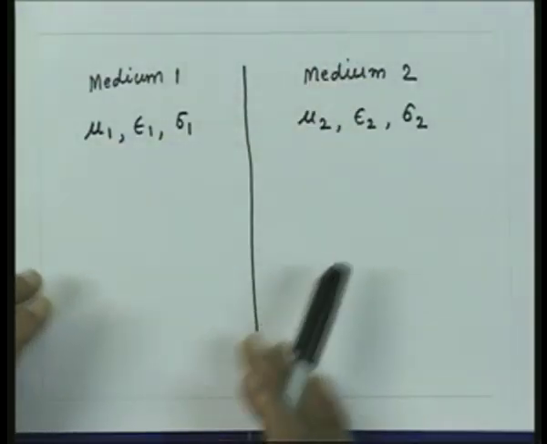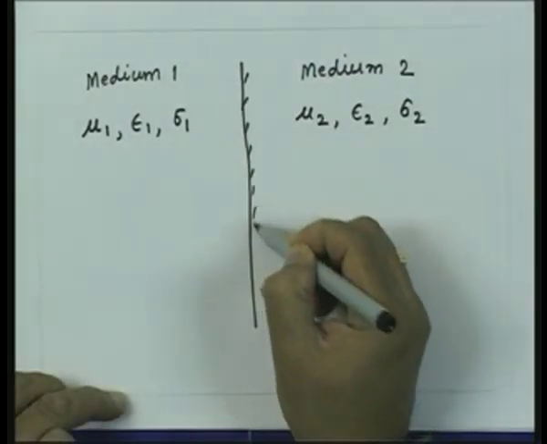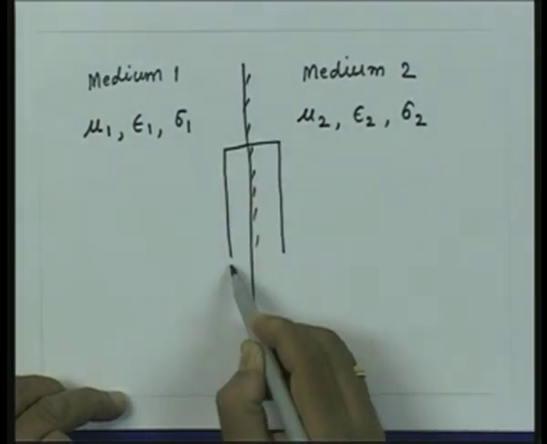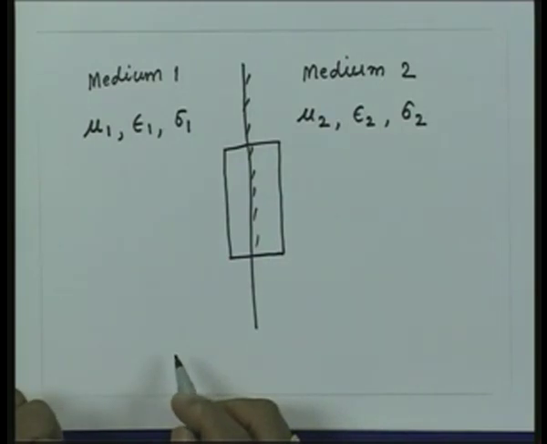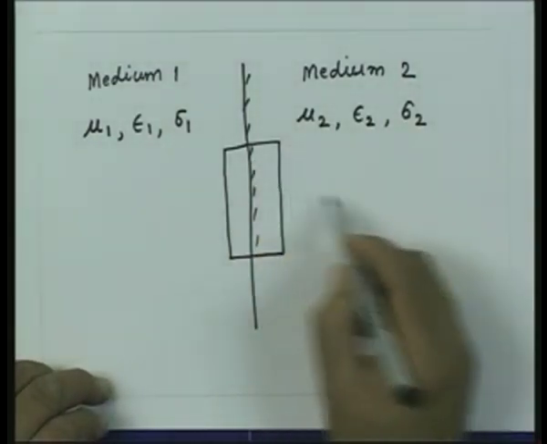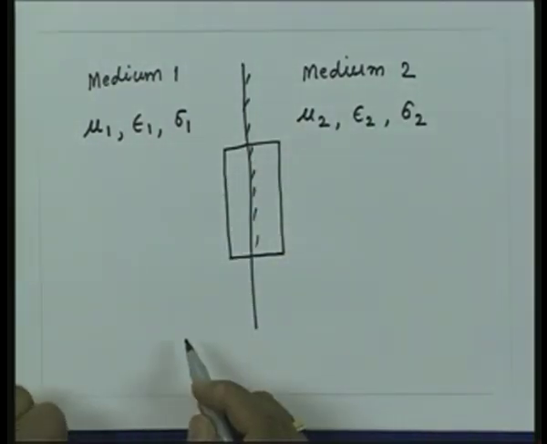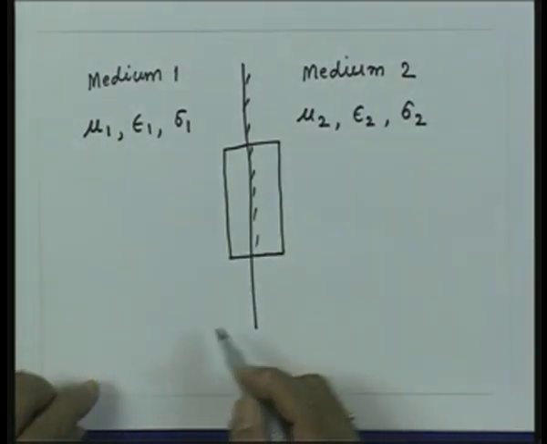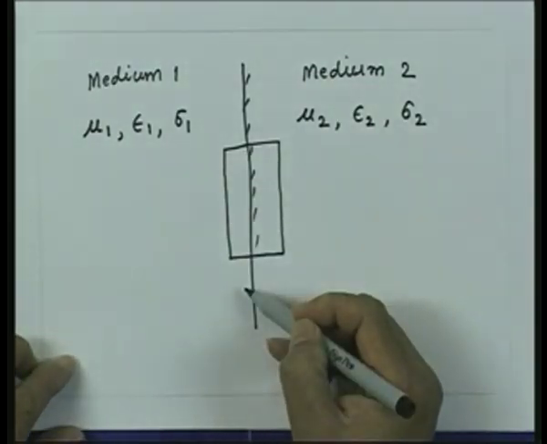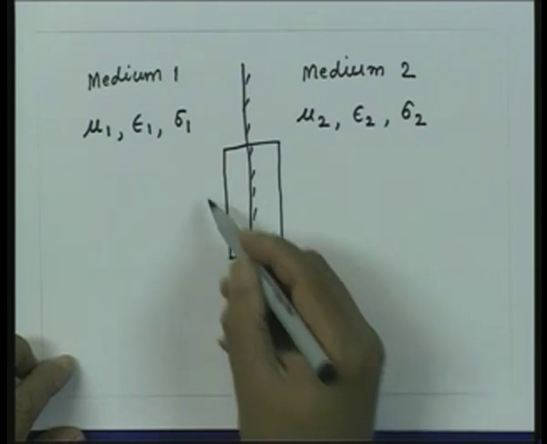So if I apply the Gauss law across the boundary, if I consider a box around this boundary, so let us say I take a box which is like that, and from the Gauss law, the total displacement which is coming from this box will be equal to the charges enclosed, and if I make the size of this box shrink to 0, I will get the relationship between the displacement vectors on the two sides.